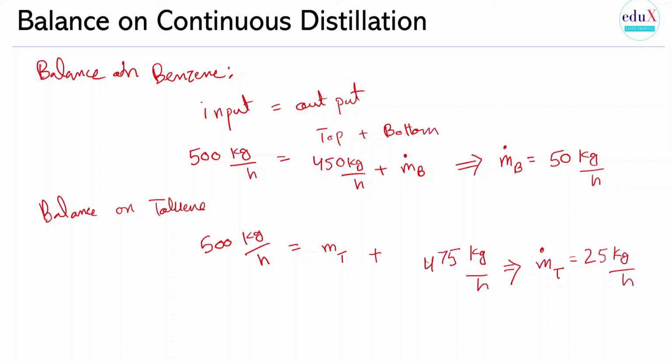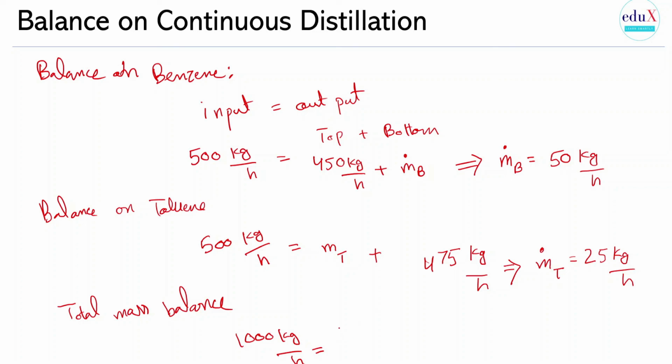Okay, to be sure, there is another balance we can apply on the system, and it's called the total mass balance. The total flow rate to the distillation tower was 1000 kg per hour, and if we combine the top and bottom, it should also be 1000 kg per hour to close the mass balance.